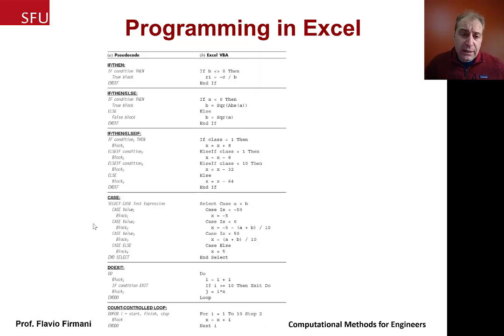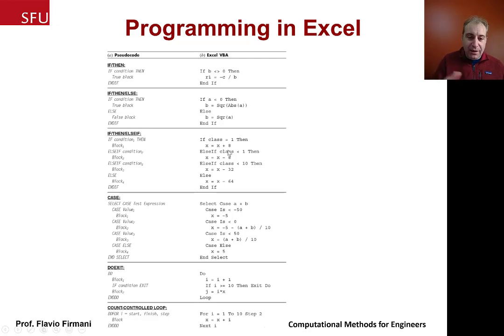And in Excel, you can create a macro by using Visual Basic, and these are the commands that can be used to create conditions. These would be the commands if you have a condition with multiple outcomes, and how to represent that.